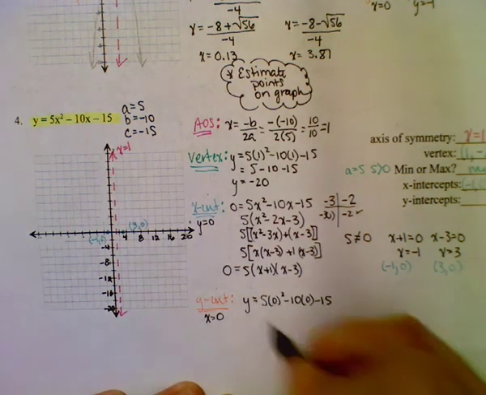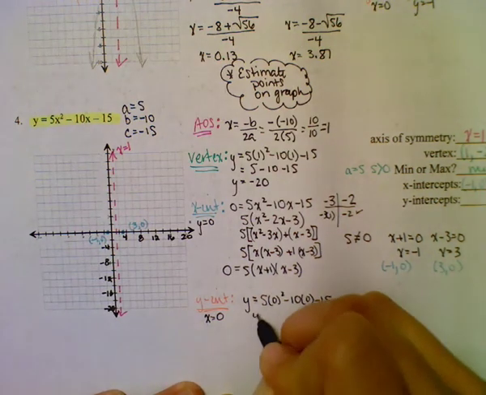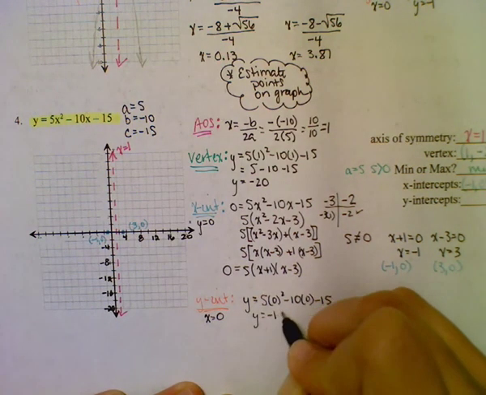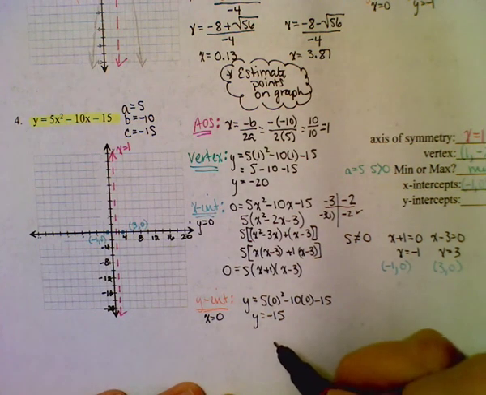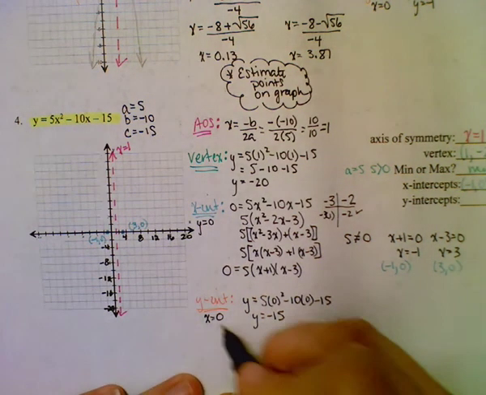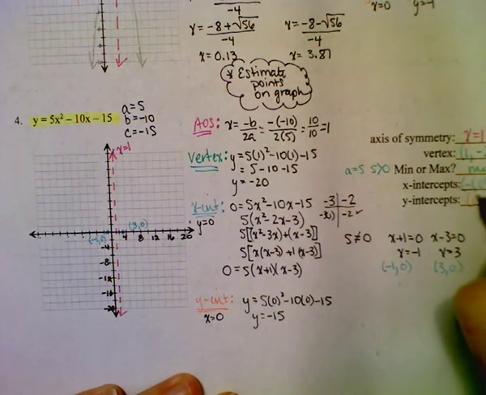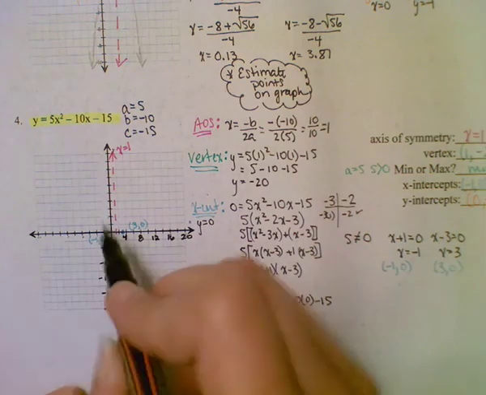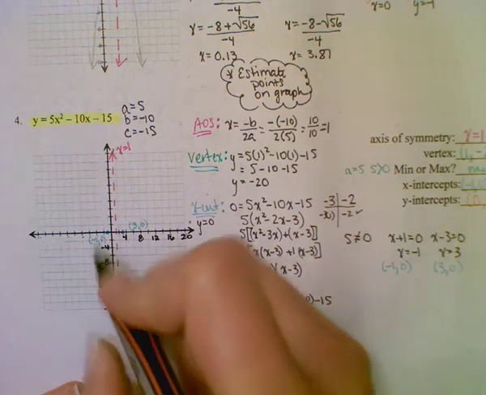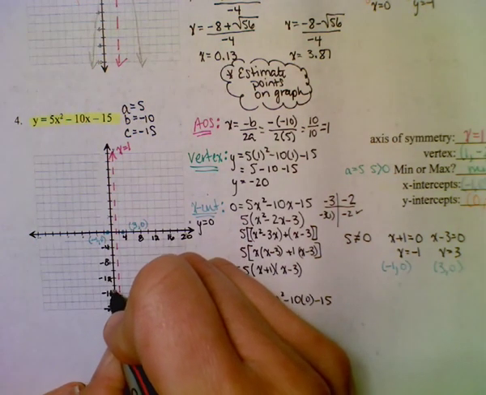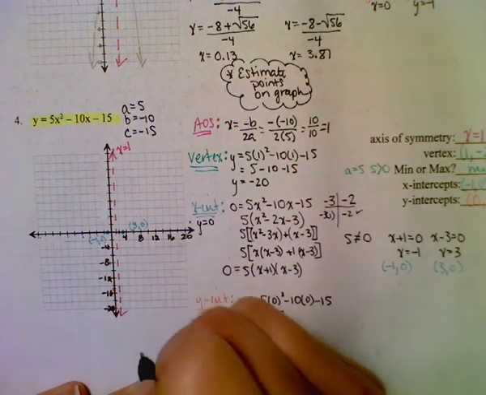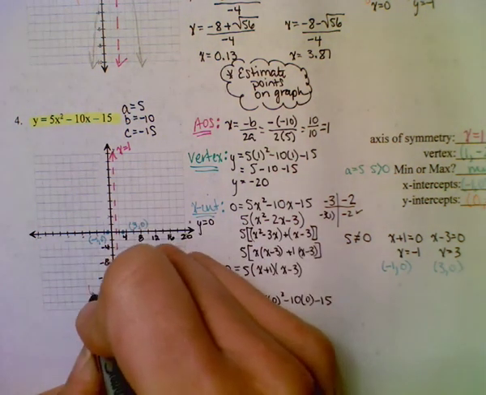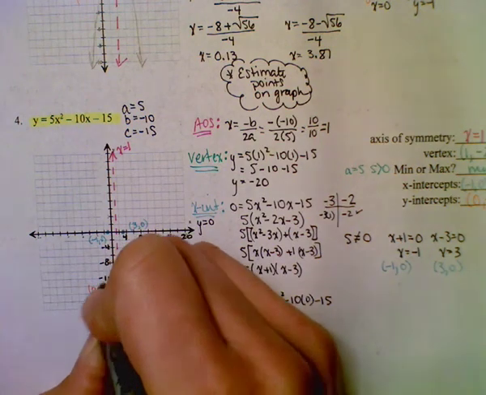So y is just going to end up being -15. So my y-intercept ends up being 0, -15. And I can graph that. 0, 12, 14, 16. There's -15 halfway between.